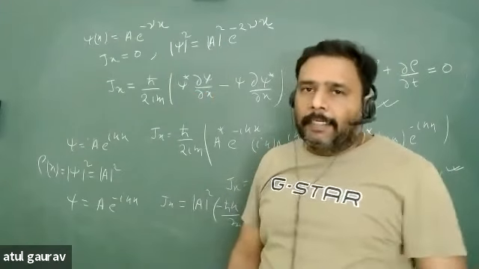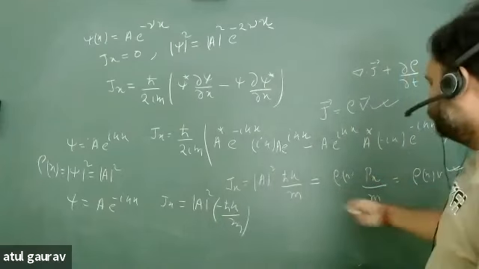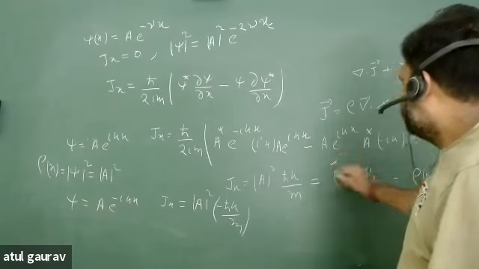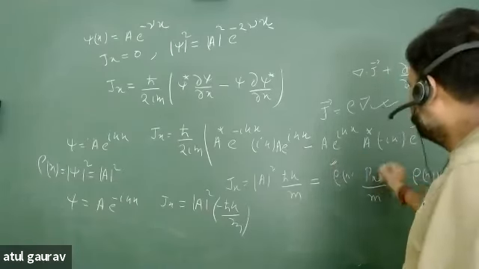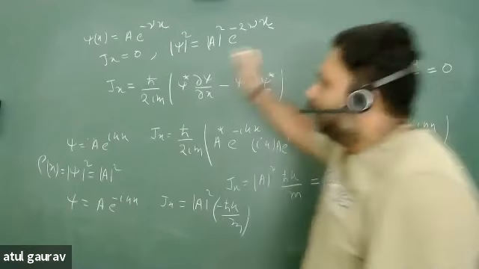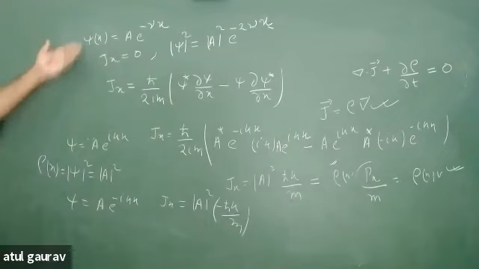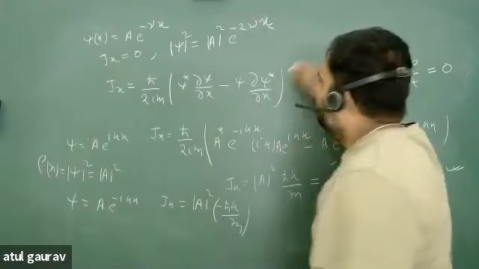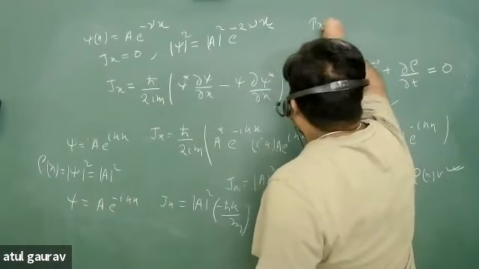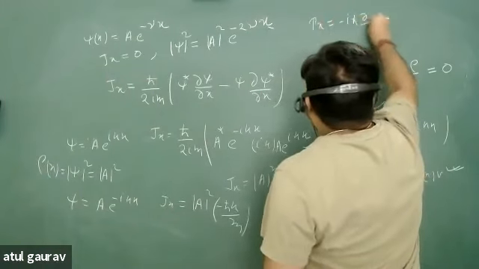Why can the probability current be 0? If we see with this analogy, then rho is always there. Why is jx 0? Because I can say px is equal to 0. And if you apply px on this particular function, px is equal to minus i h cut del upon del x.